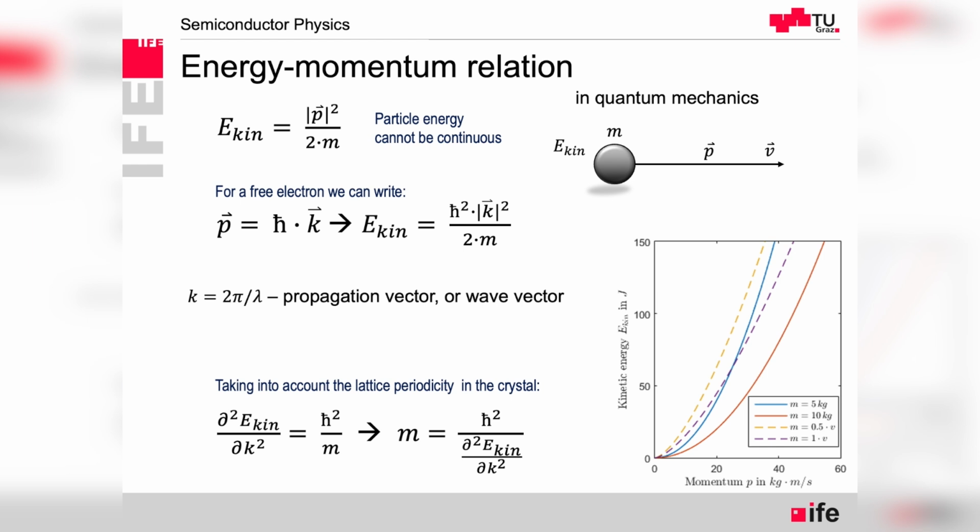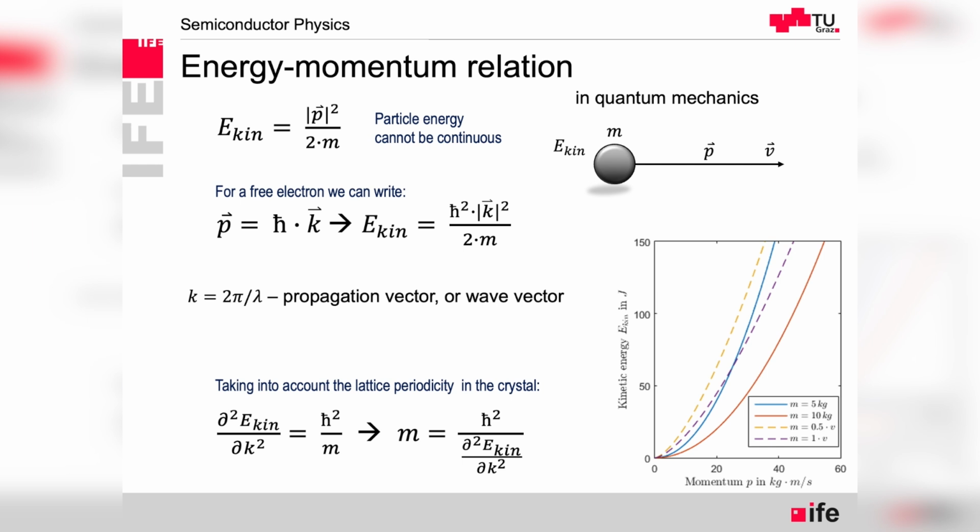I'm not going into much detail, but in order to understand later the E-k diagrams, or at least to understand what we are looking at, I think some minimum information about this concept is necessary. So that would be for the free electron, and what is true in any case, as we have seen already, is that the wave vector is proportional to 1 over lambda.